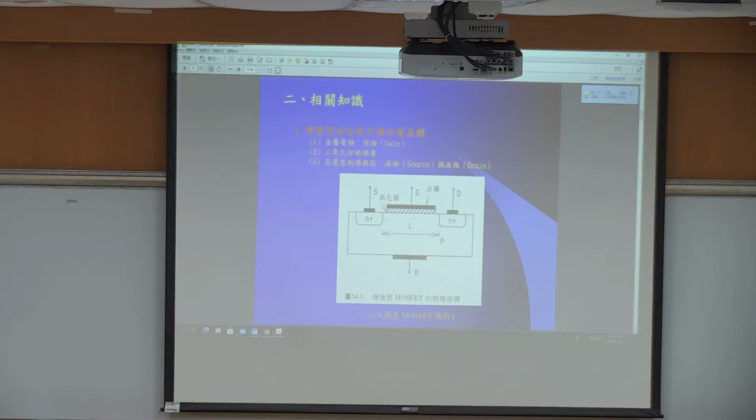The gap between these two regions we call the channel region, and we also grow an oxide layer on top of the channel region, and then we evaporate some metal as the electrodes. As we can see, these four ports are called the gate, source, drain, and the body electrode.